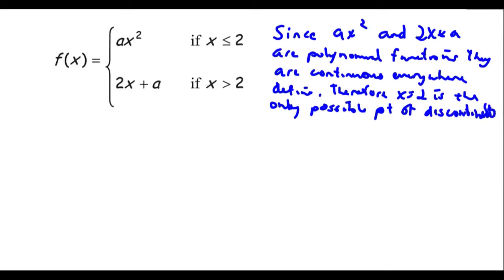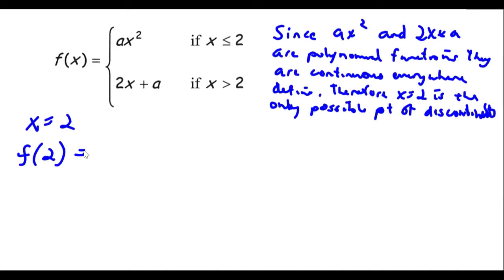Another way you can put it together. So since that's the only possible point of discontinuity, now we've got to make it continuous at x equals 2. That's what I'm looking at, continuity at x equals 2. So I need to figure out my function value at 2. What one would I plug in to get my function value at 2?